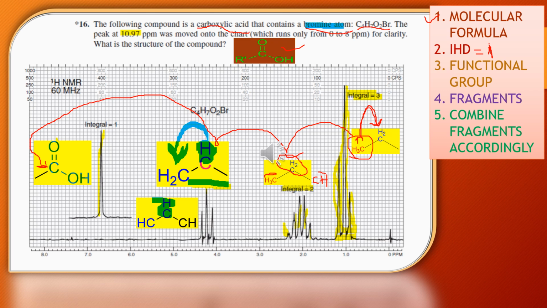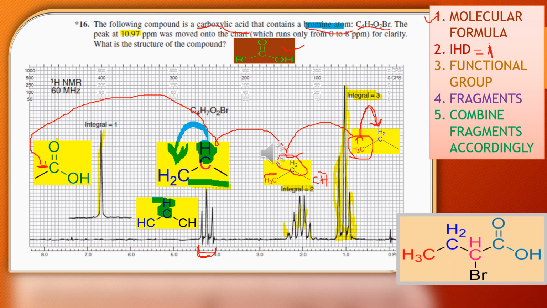So it is a very simple structure, right? You can see this peak is found to be downfield, which means it is attached to a carbon atom that is attached to a more electronegative group, which is deshielding it, right? So let's draw the structure.